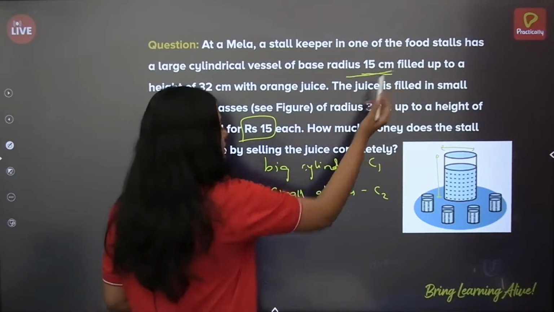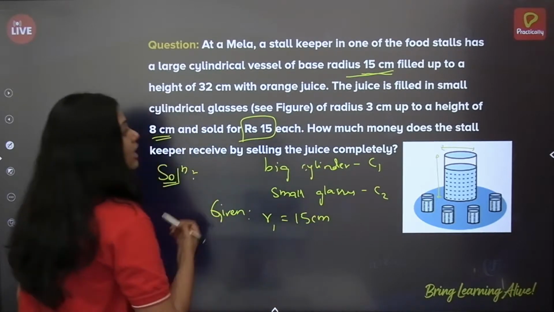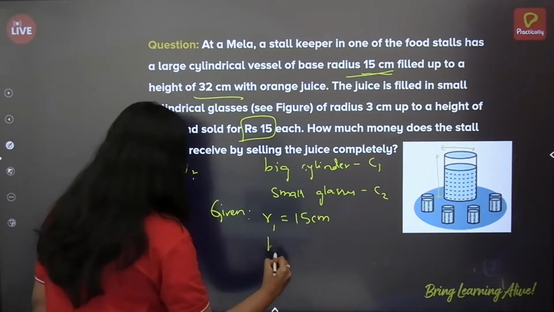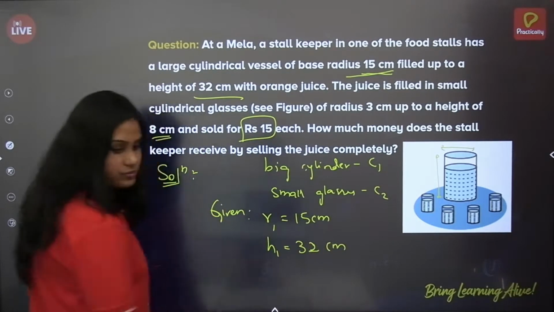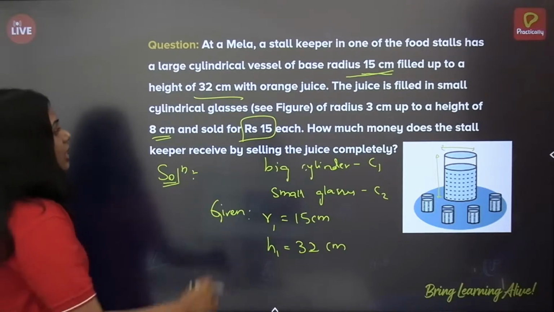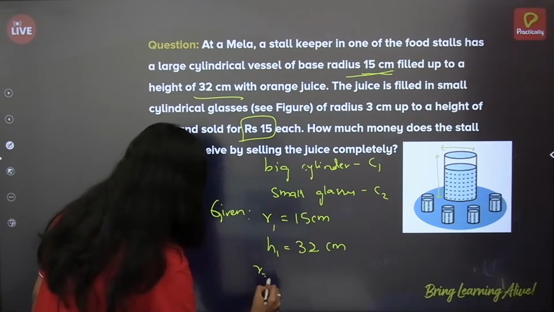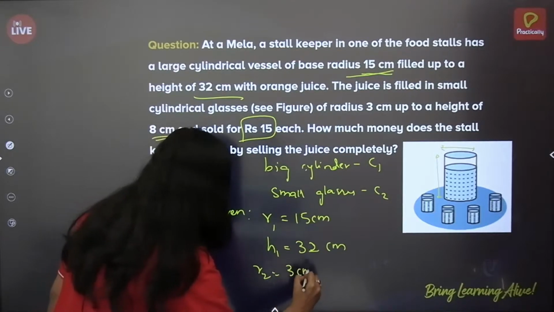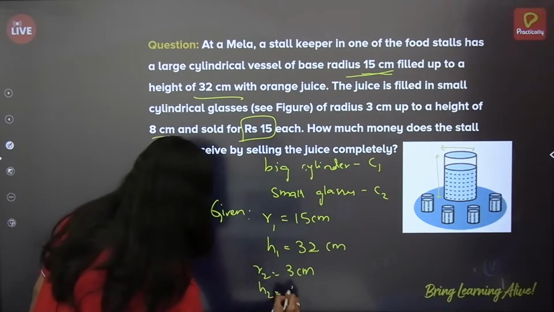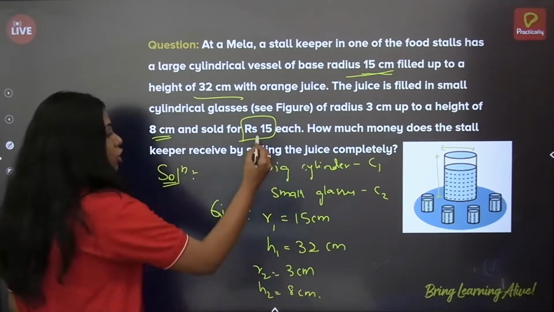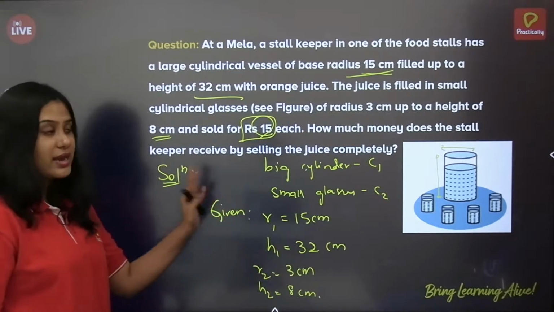Radius of the big cylinder, that is R1, is equal to 15 centimeters and H1 equals 32 centimeters. Correct? Next, R2 equals 3 centimeters and H2 equals 8 centimeters. And the cost is 15 rupees each, right? So this is the information we get from the question.